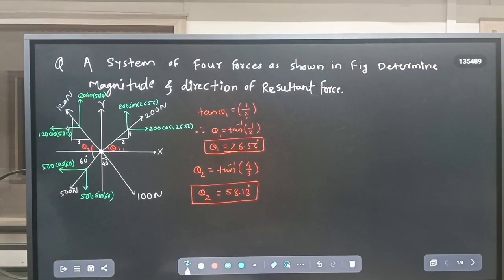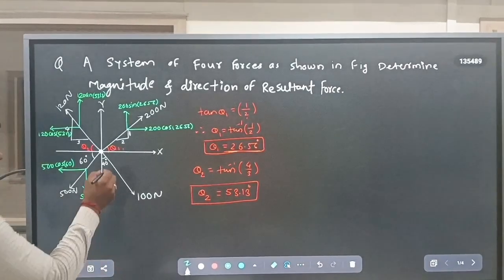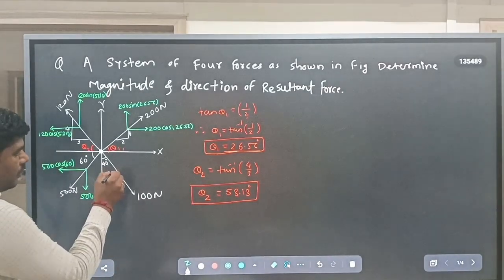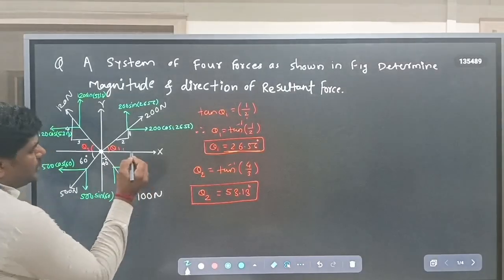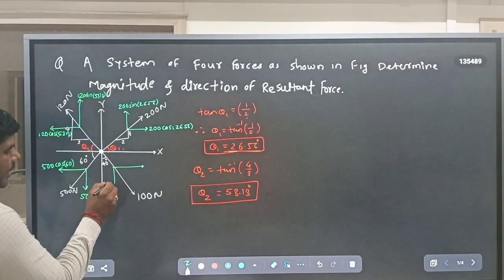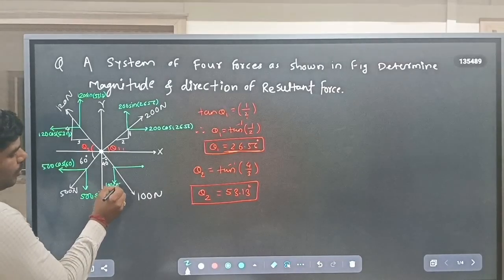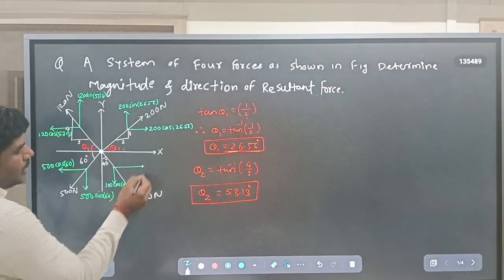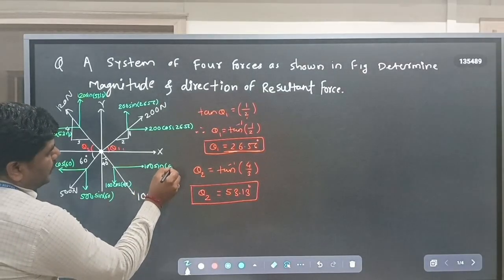Now this 40 degree is with the vertical line or y axis. So the vertical component of 100 Newton force will carry the cos and the horizontal will carry the sin. तो ये vertical component है, ये क्या आएगा आपका 100 cos 40, ये आएगा आपका 100 sin 40.